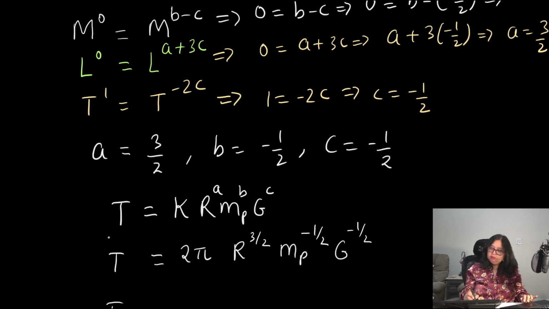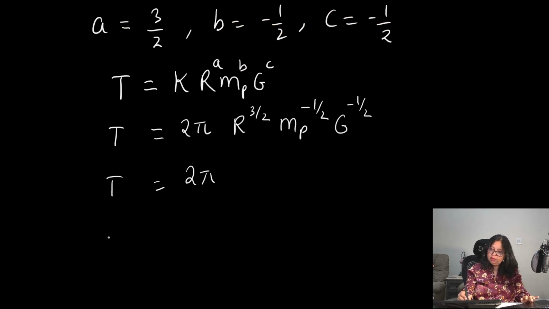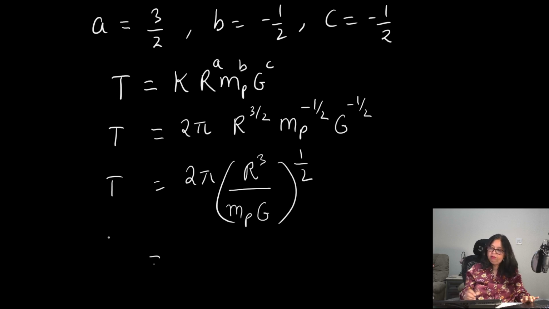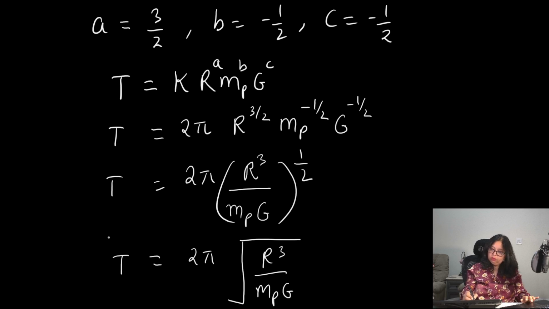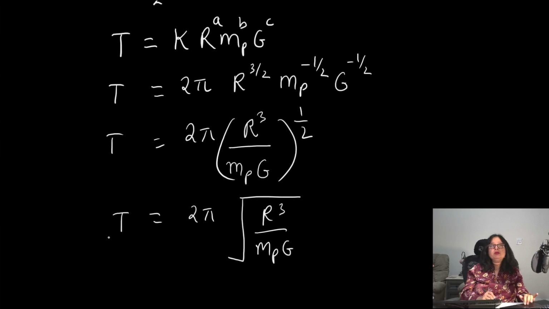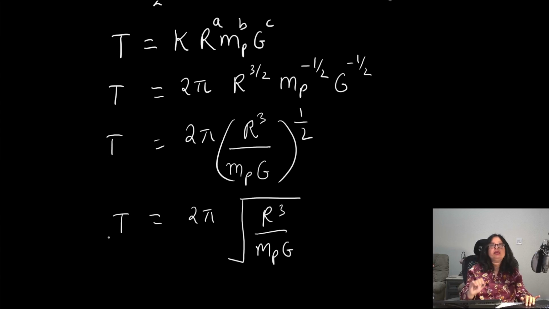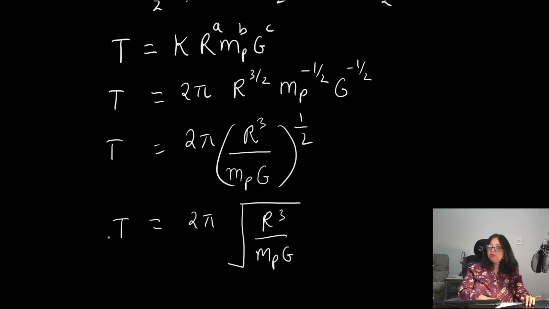That gives 2 pi times (R cubed over M_P G) to the power 1 half. Or I could say T equals 2 pi times the square root of R cubed over M_P G. This is the time period of the satellite that is going around its planet in a circular orbit. So this was done using dimensional analysis.